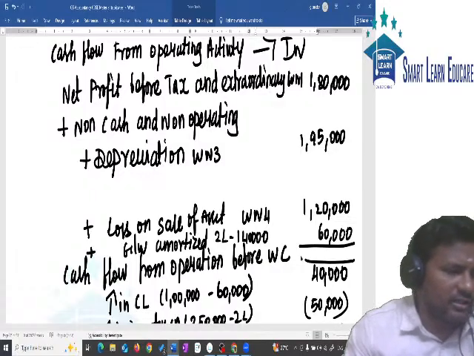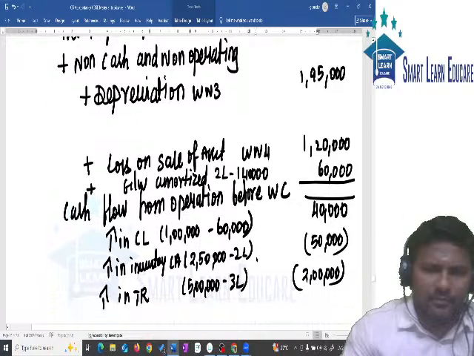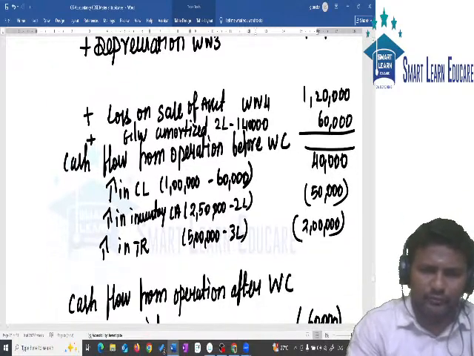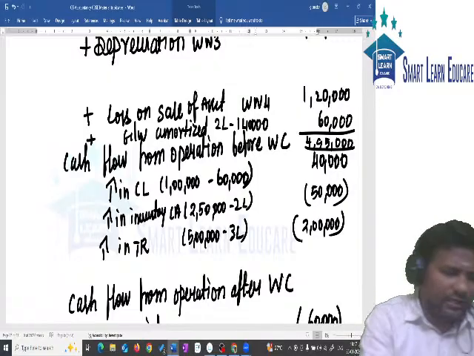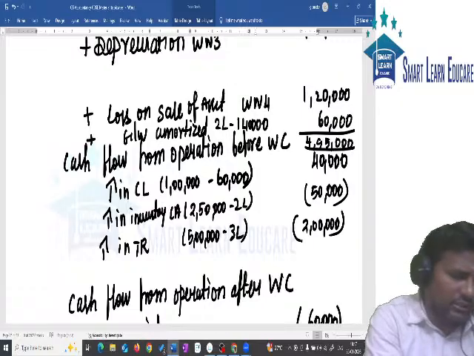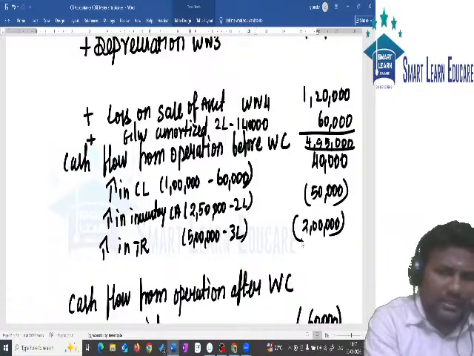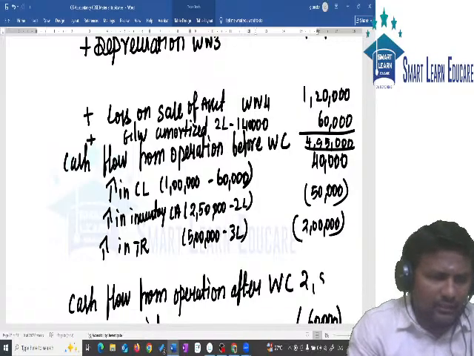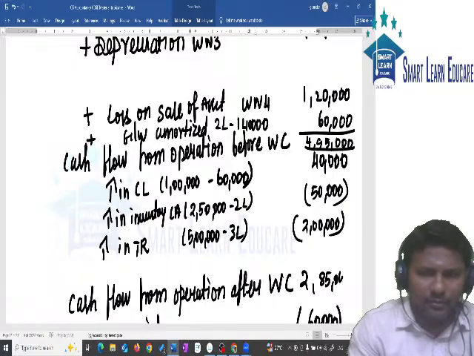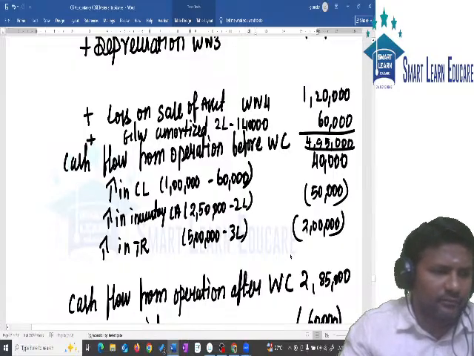How much is cash before this? இதோட ஆன்சர் எவ்வளோ? 4,95,000. 4,95,000 plus 40,000 minus 50,000 minus 2 lakh will give you 2,85,000. Cash flow from operation 2,85,000.